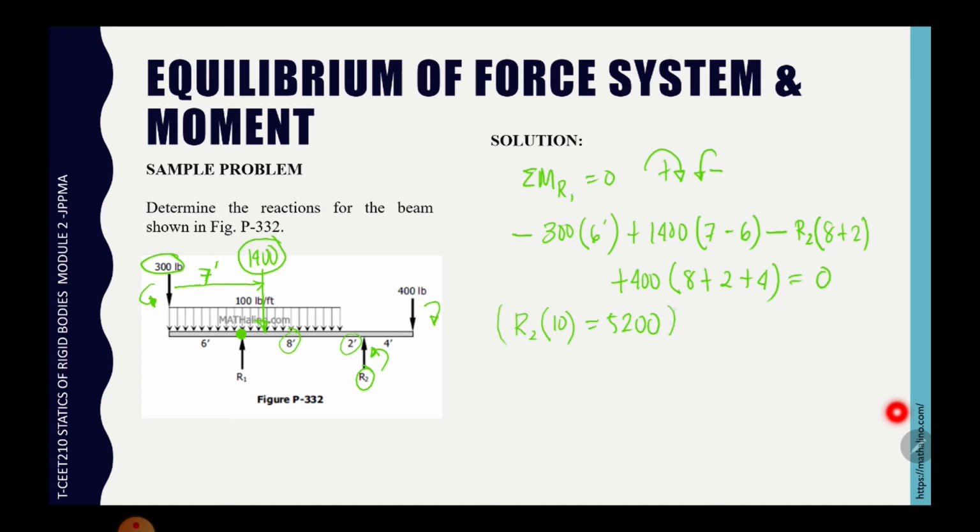And para ma-cancel, 1 over 10, R2 is equal to 520 pounds. So, makukuha natin siya dyan.